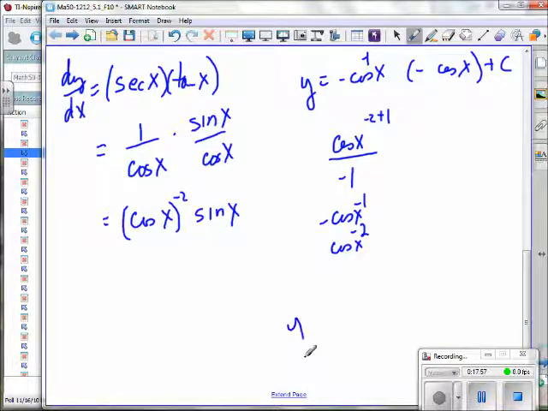Okay, so I end up with y equal to that. What isn't what my answer is supposed to be? I need secant in there. Secant is 1 divided by cosine.